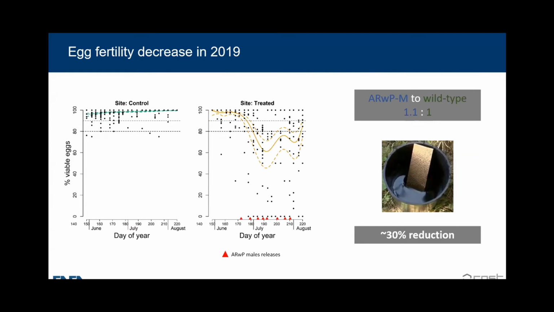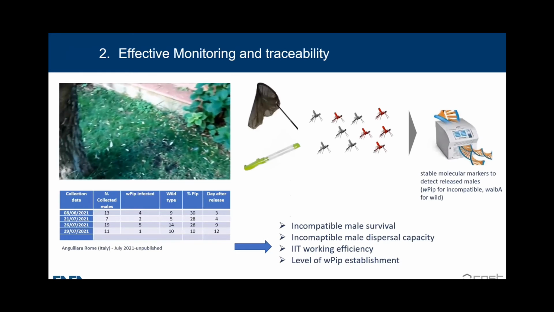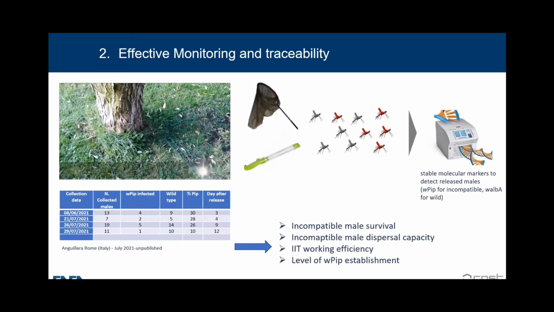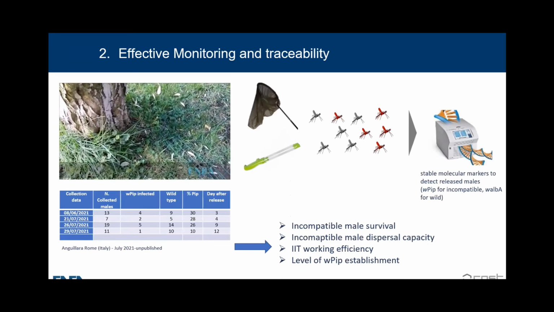Obviously, we did not verify the level of suppression; however, the induction of sterility encouraged our ambition to think of an IIT-based approach as an additional innovative tool in the framework of integrated vector management in an urbanized area.